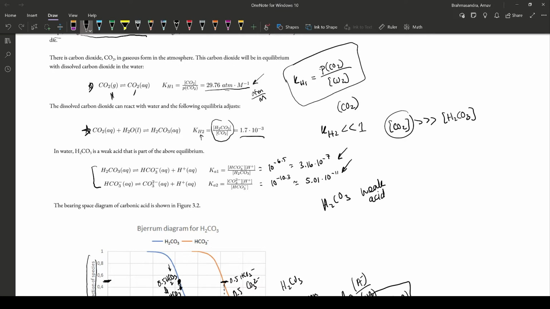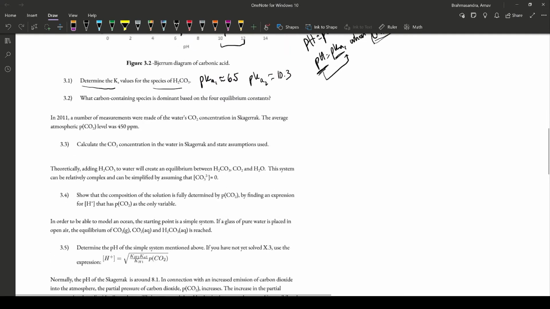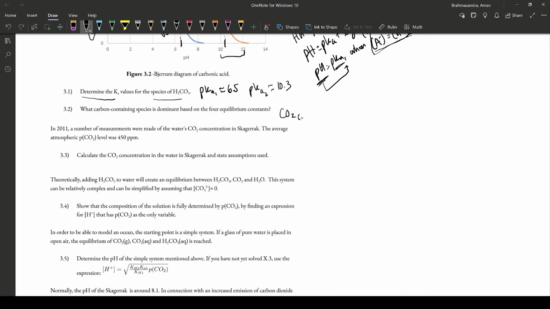Because there's already so little H2CO3 compared to CO2, there's going to be even less HCO3 minus and CO3 2 minus in solution than H2CO3. There's not going to be much of the base form when you put carbonic acid in, because it doesn't dissociate much. So we know that CO2 is still the winner, and our final answer for 3.2 is that our aqueous CO2 is dominant.